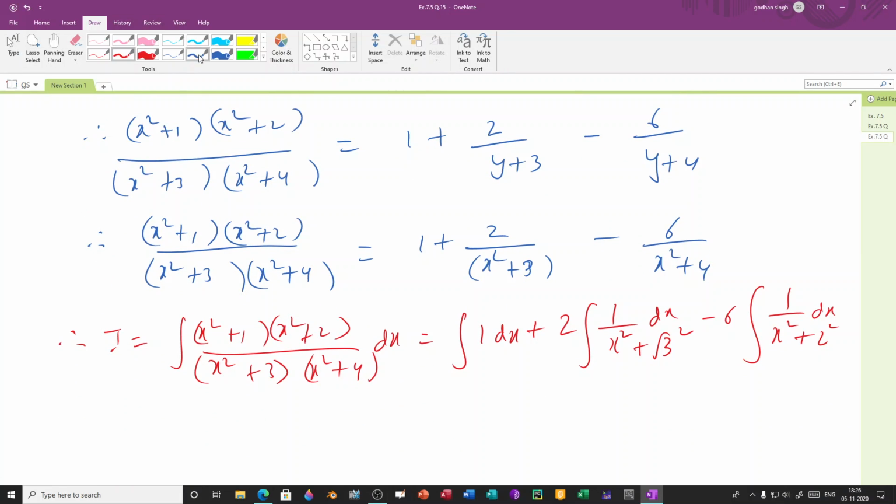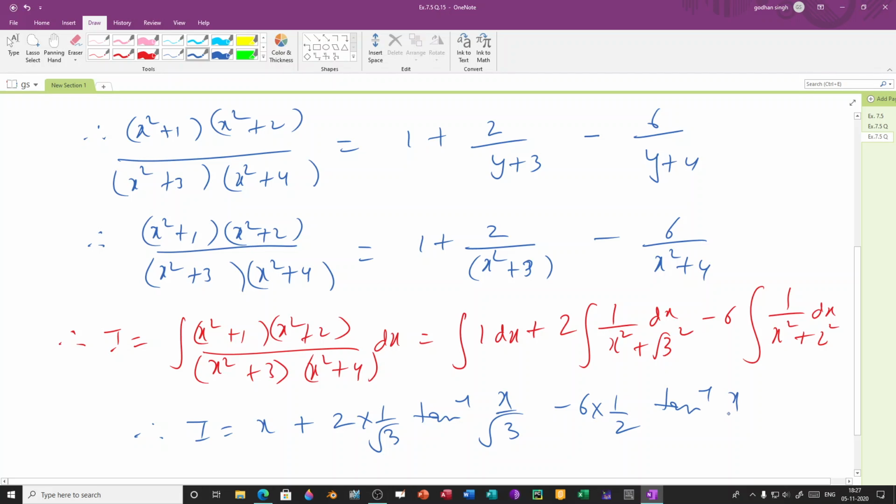Therefore I equal to, now integration of 1 is x, so x plus 2, and we know that integration of 1 by x square plus a square is 1 by a into tan inverse x by a. So that is 2 into 1 by root 3 tan inverse x by root 3, and here minus 6, applying 1 by a, that is 1 by 2 tan inverse x by 2 plus c.